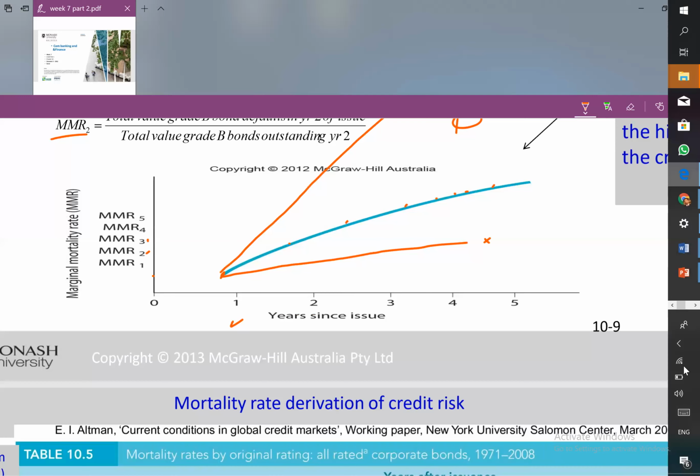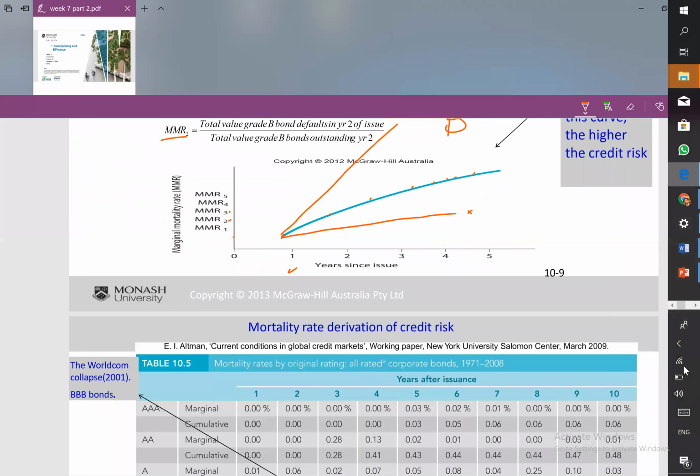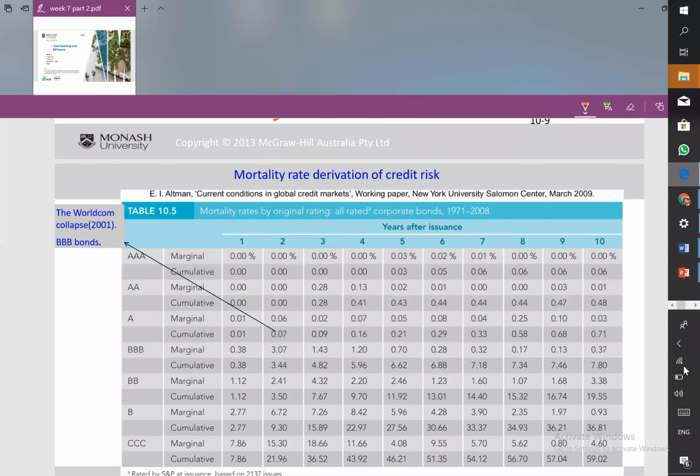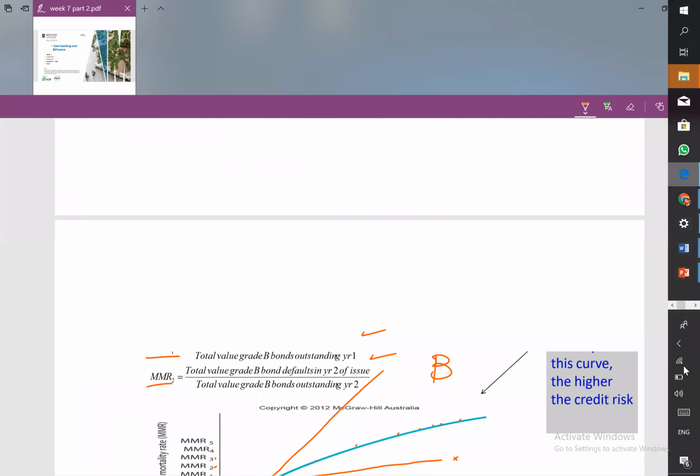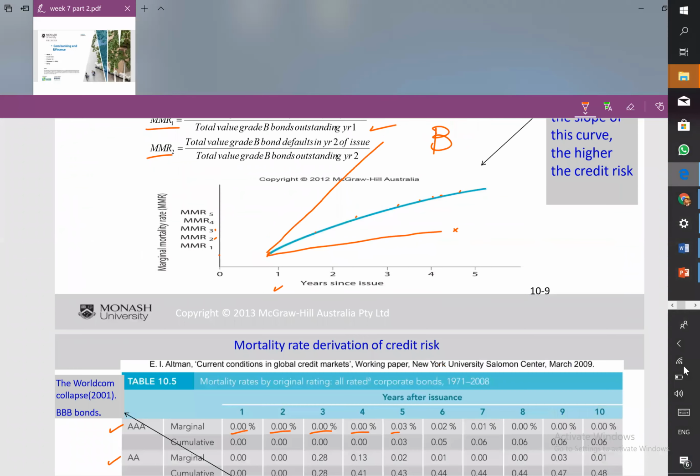They give data from the US and show you, for example, AAA, all these issues of bonds. You can see for AAA, no defaulting in the third year, fourth year. So this line will be just here, maybe.